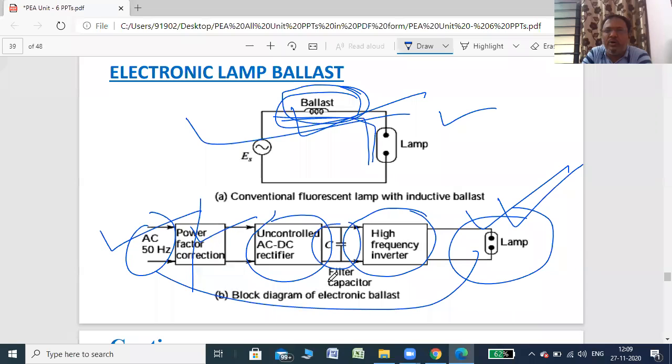And then the high frequency inverter, right? So if your tube or your fluorescent lamp works at high frequency, then definitely the efficiency of that lamp increases, even the intensity of the lamp increases, and it requires less power. That is the advantage of the electronic lamp ballast.